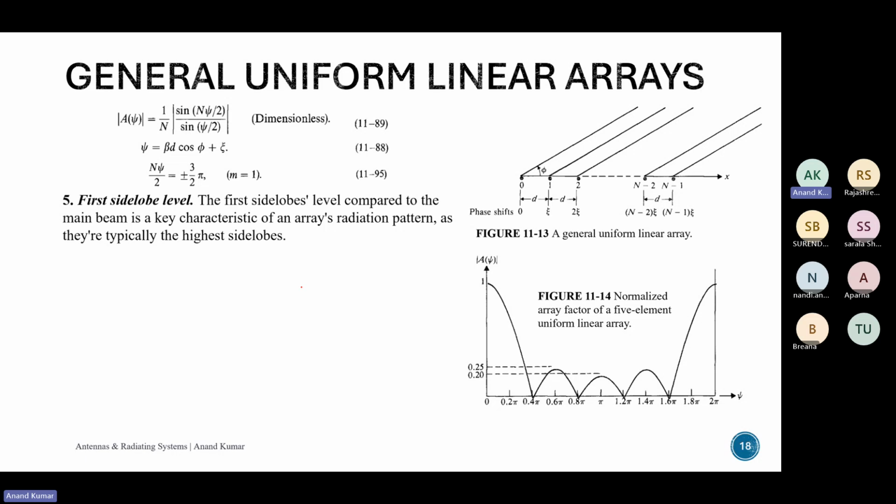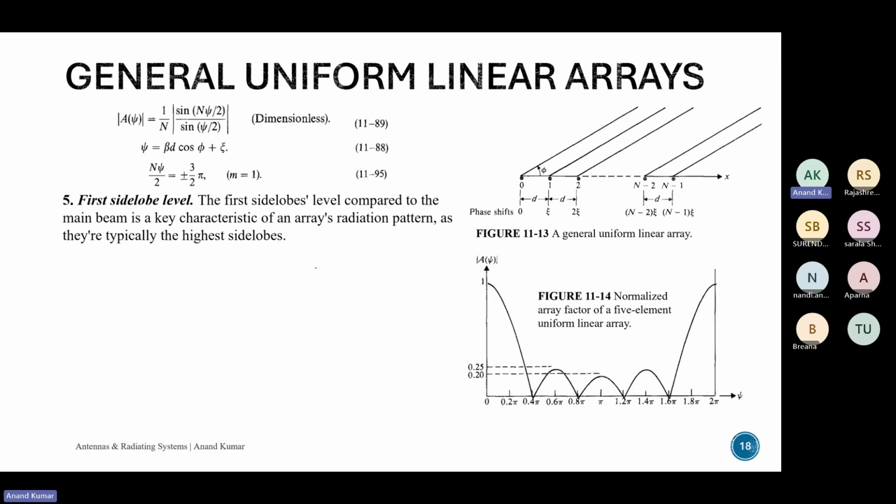From the side lobe locations, it's very important that we discuss the first side lobe level, because apart from the main lobe, the next location where most of the power is sent is the first side lobe, and based on the first side lobe level, we can decide quite a few things.